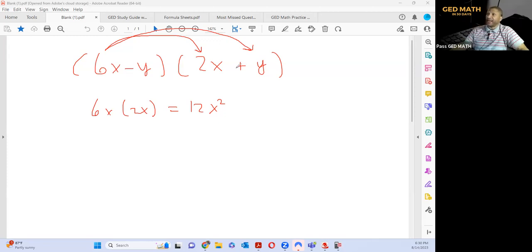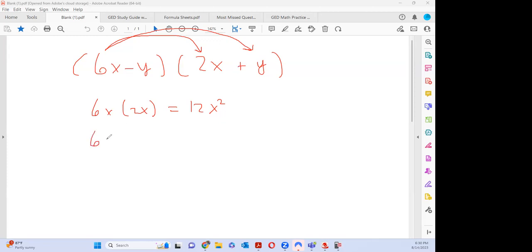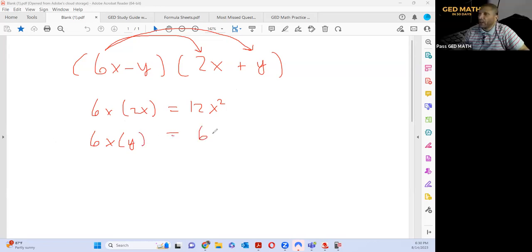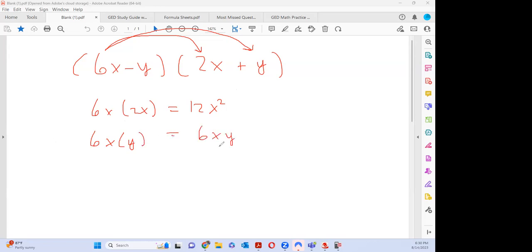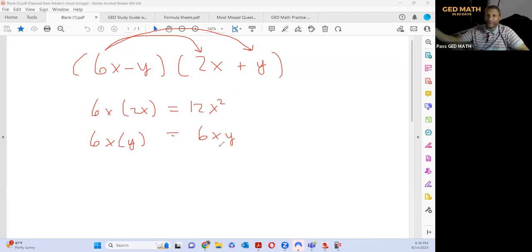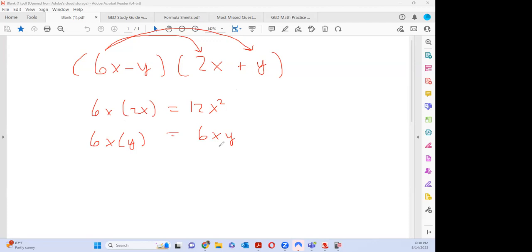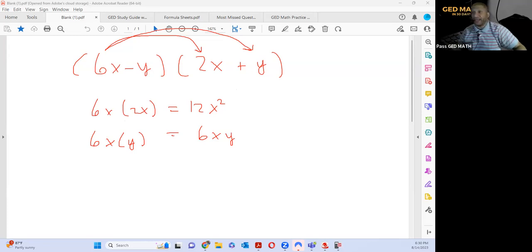What is 6x times y? It's going to be 6xy, in alphabetical order. So highest degree first, then alphabetical order. Okay, what's next? So I multiply 6x by everything in the second parentheses. What's my next step?